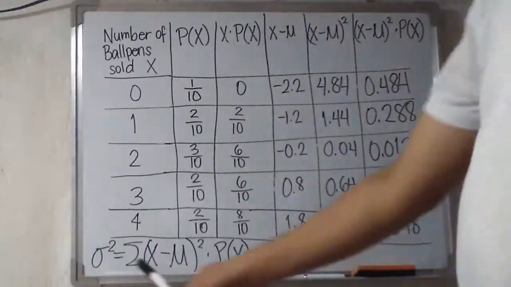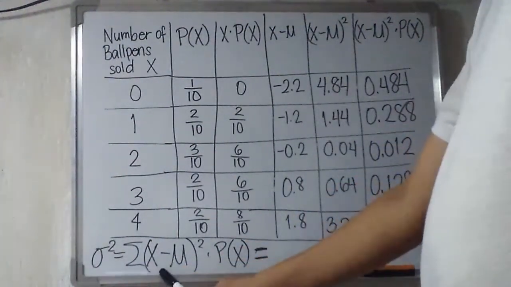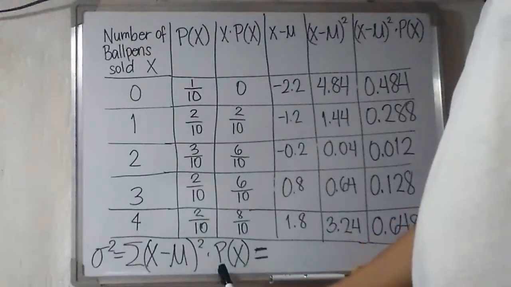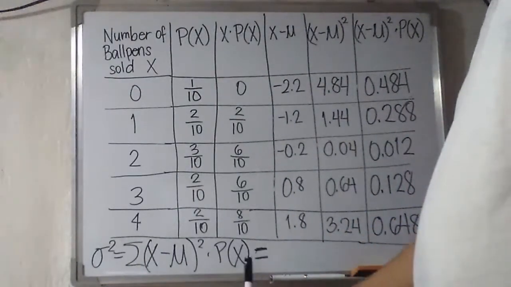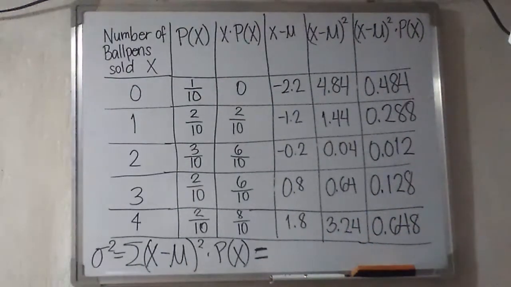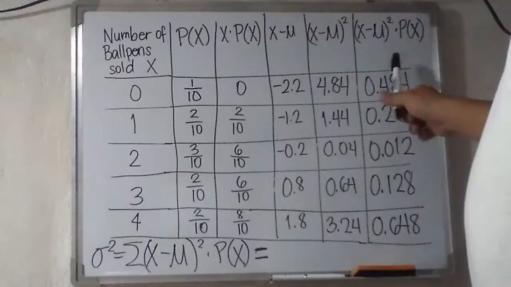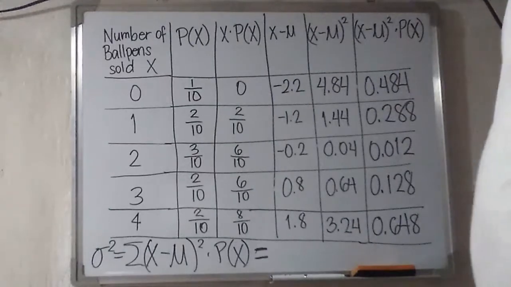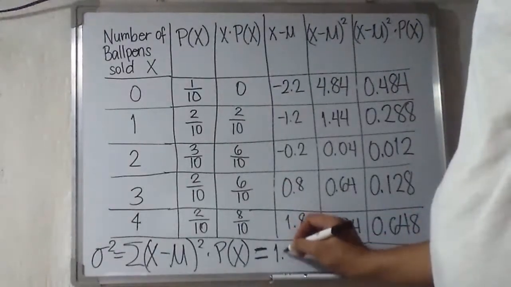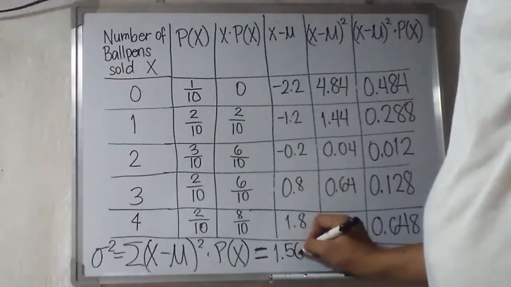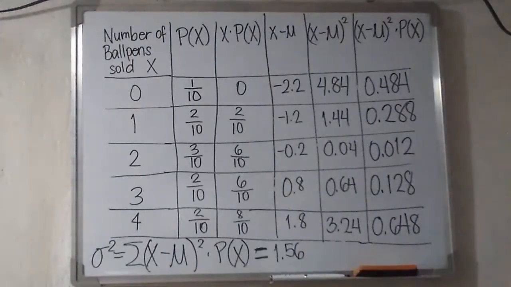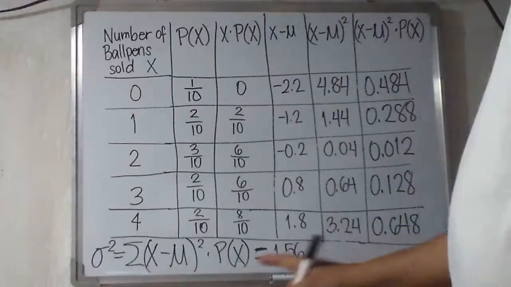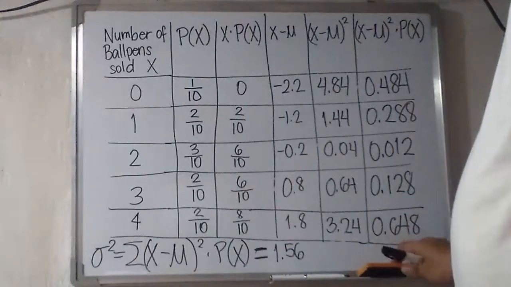The formula for the variance is summation of x minus mu squared times p of x. That is the sum of these numbers. So that is 1.56. Now the standard deviation of this is the square root of 1.56.